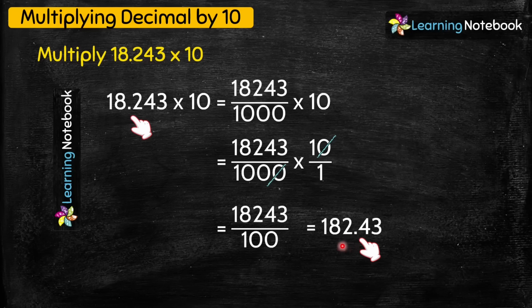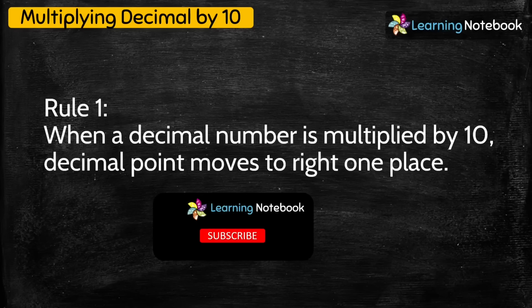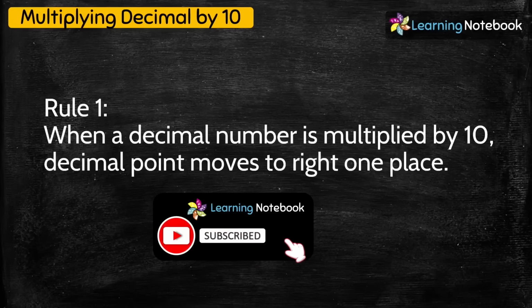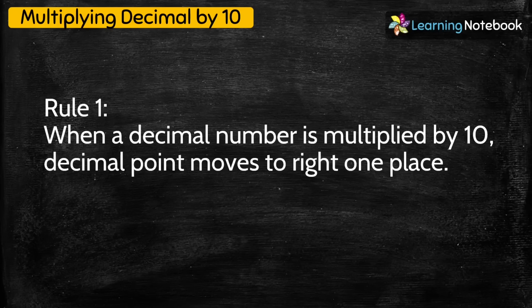So students, here we have observed that when a decimal number is multiplied by 10, the decimal point moves to the right by 1 place. So students, this is rule number 1. When a decimal number is multiplied by 10, the decimal point moves to right 1 place.